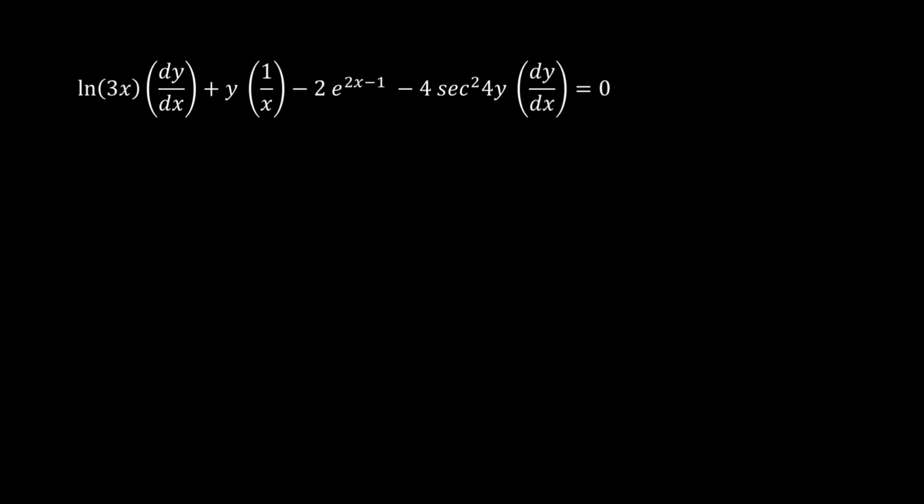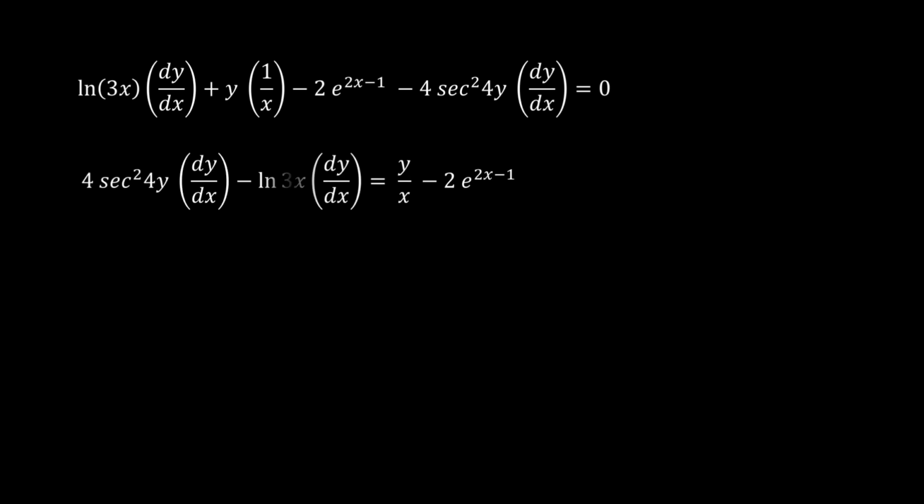All the terms that have a dy over dx must be moved separately from the other terms that do not have a dy over dx, and moved to the left, like this: 4 secant squared of 4y dy over dx minus ln 3x dy over dx equal to y over x minus 2 exponential power of 2x minus 1.